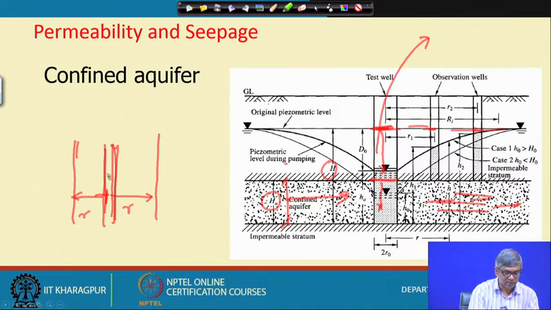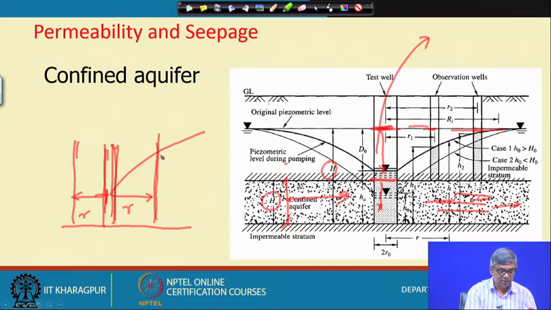So I can imagine a particular well all around, through which water will be entering. In the earlier case, if the drawdown curve was like this and our impervious layer was this, then the area through which water was coming was 2 pi into r into h.